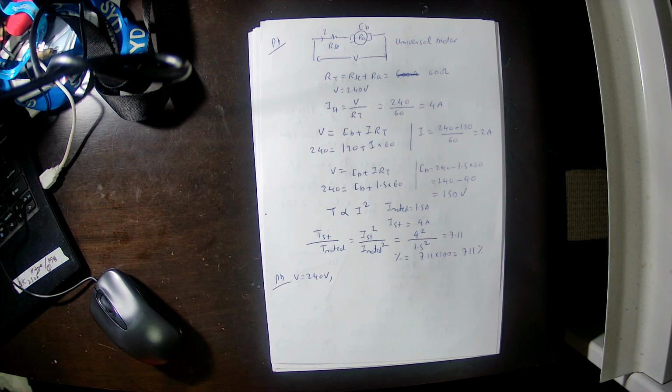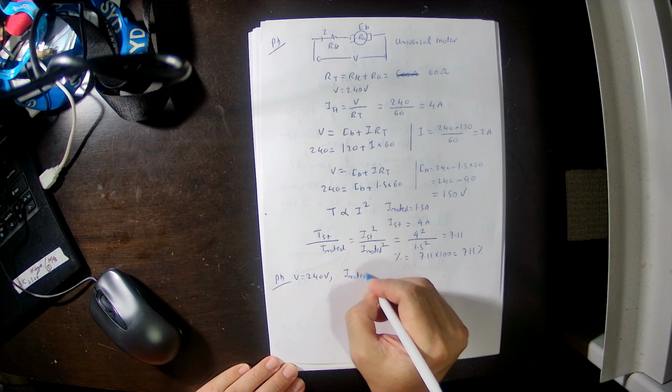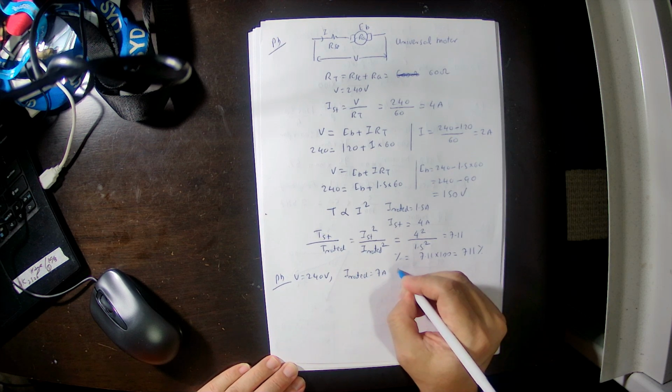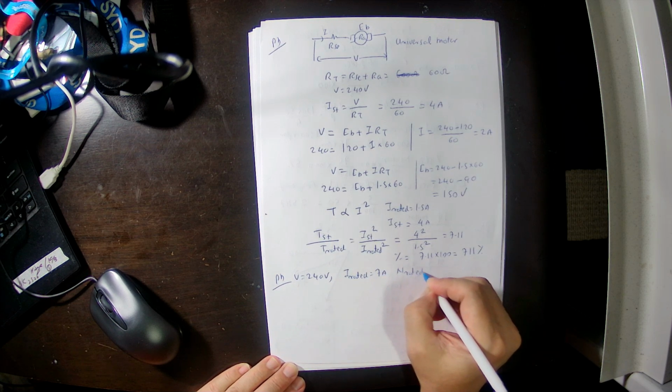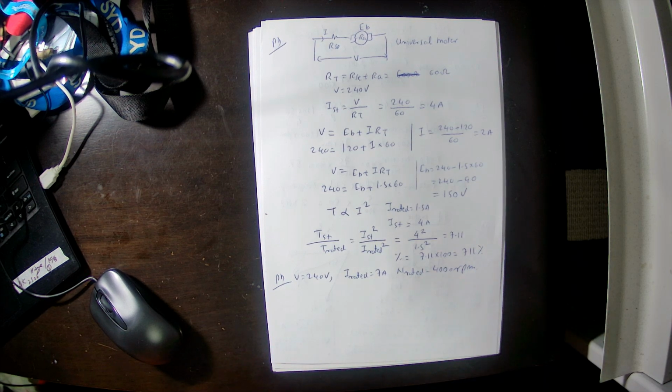So rated current 7 ampere at 4000 RPM. I rated 7 ampere and rated 4000 RPM. So this is the starting condition.